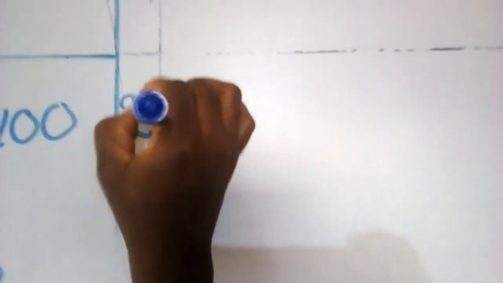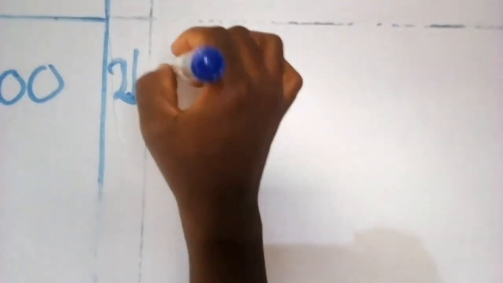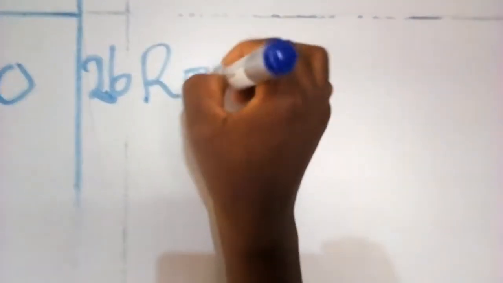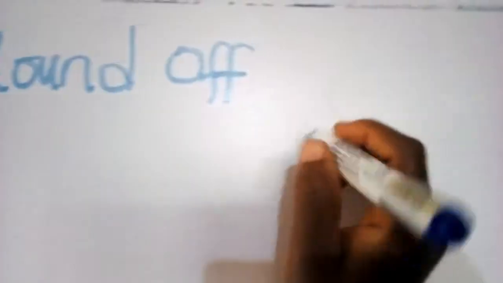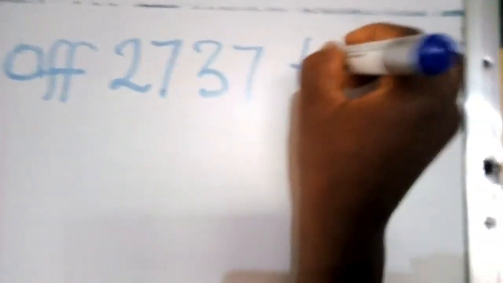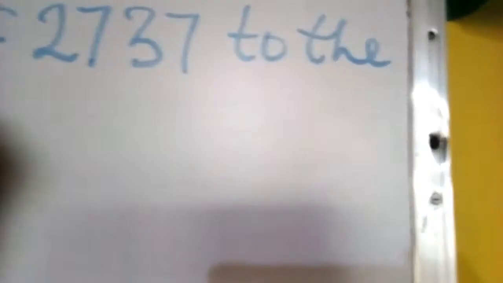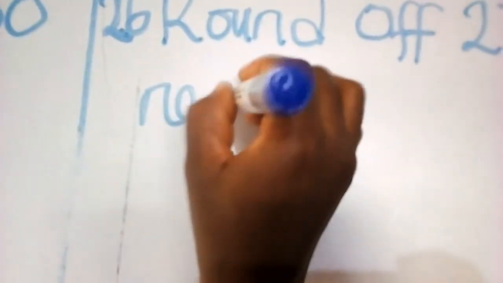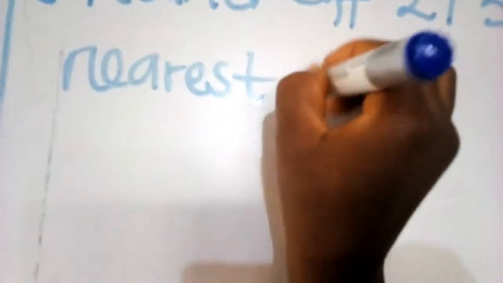Still in our example, that's 2B. Round off the same number, 2,737, to the nearest 100.